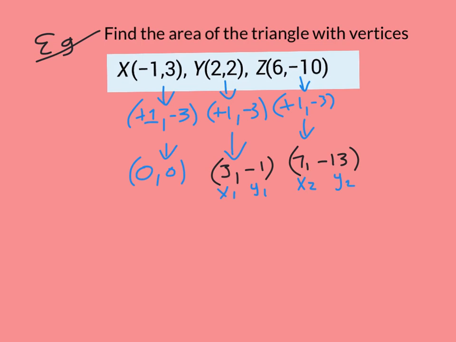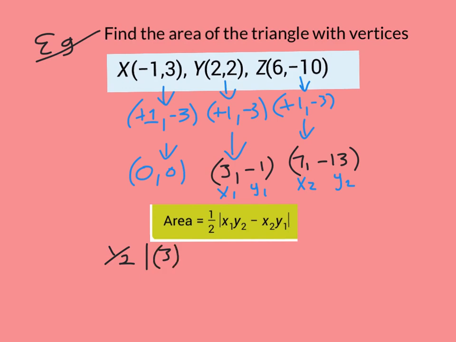Go ahead and take down my formula then. And I'm just going to substitute my values in for that formula. So I have a half by x1, which is 3, y2, which is -13, minus x2, which is 7.